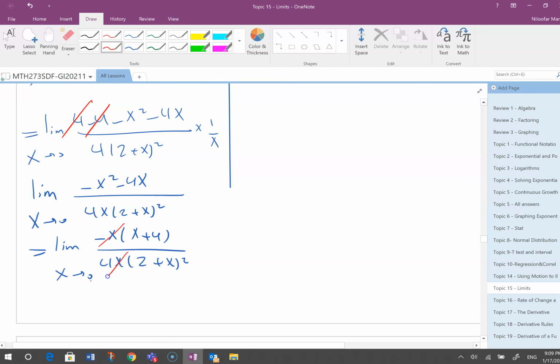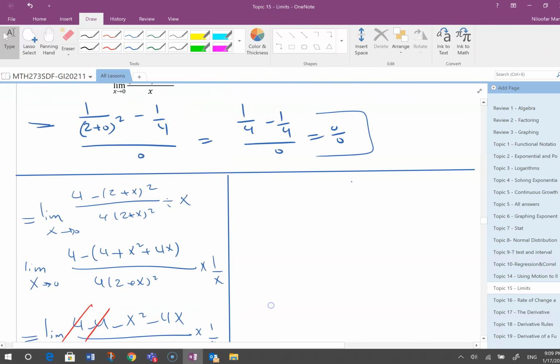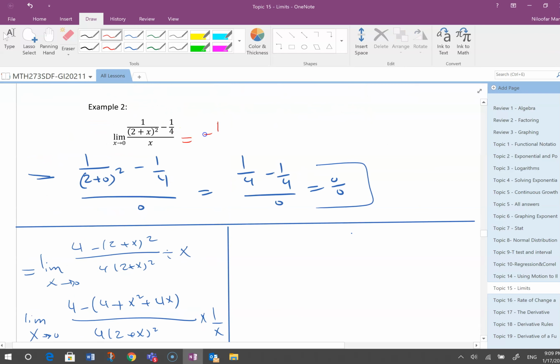Then I can cancel this and this, and then when I substitute, the answer is minus 4 over 4 times 4, which is minus 1 over 4. Yes, that's the answer. Minus 1 over 4.